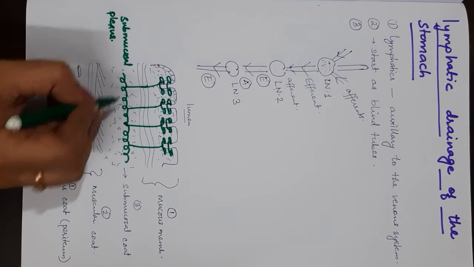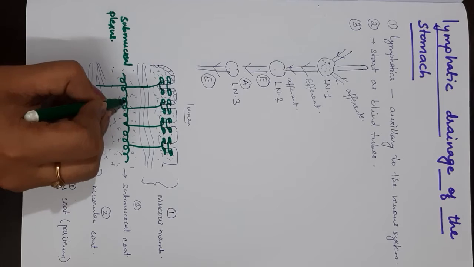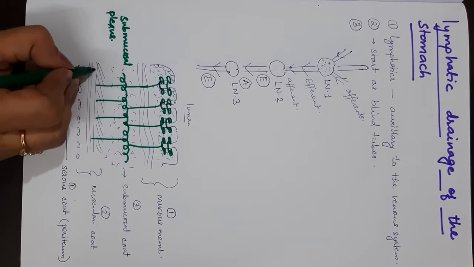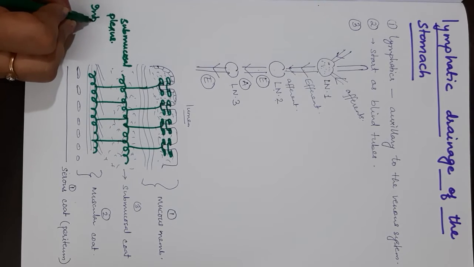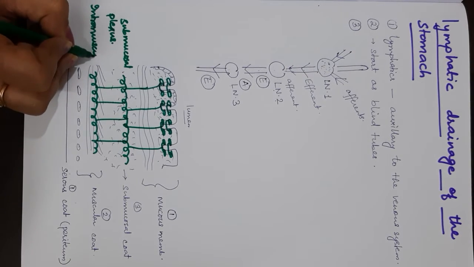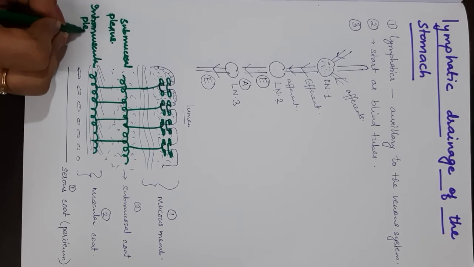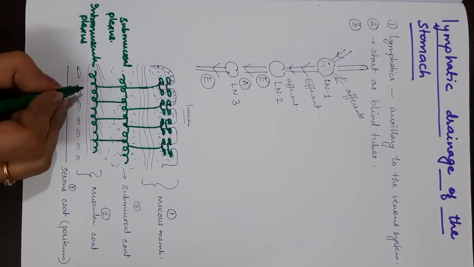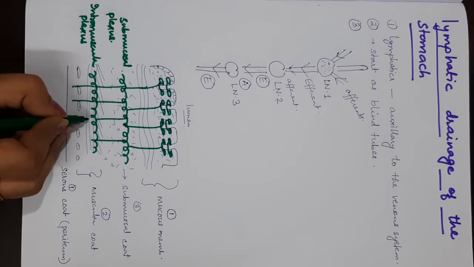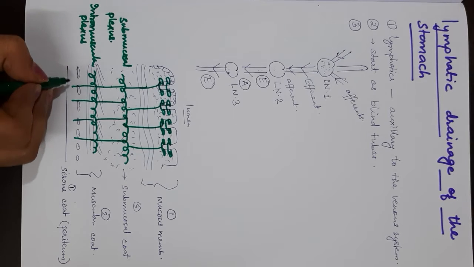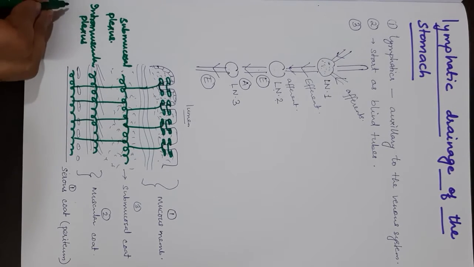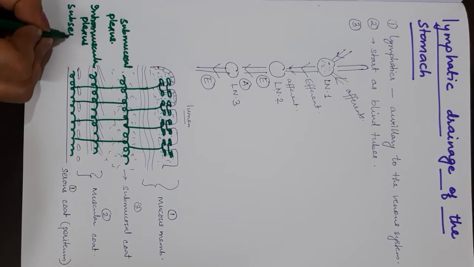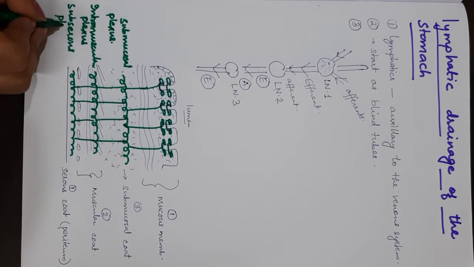From here, the efferents reach the muscle coat and form the intramuscular plexus of lymphatics. From here, the efferents reach the subserous layer and form the subserous plexus of lymphatics.